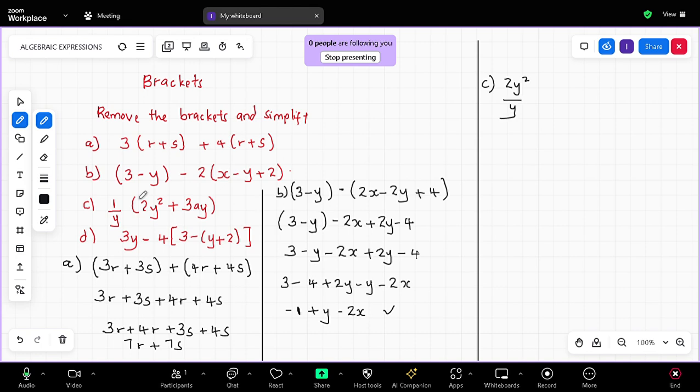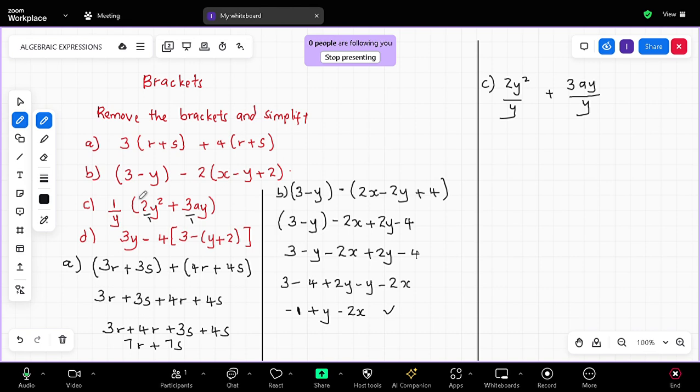In the second part we don't have a denominator, so we assume that everything is over 1. Then again, 1 times 3ay, the sign is plus, 3ay over y.